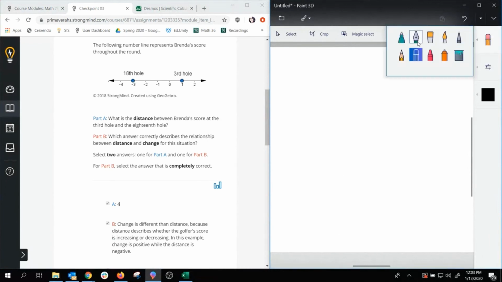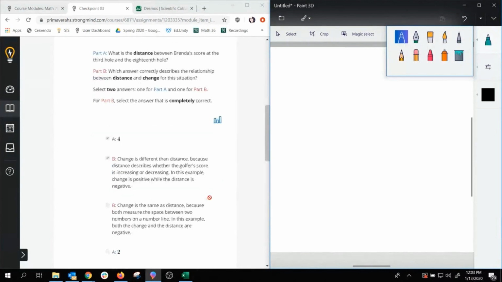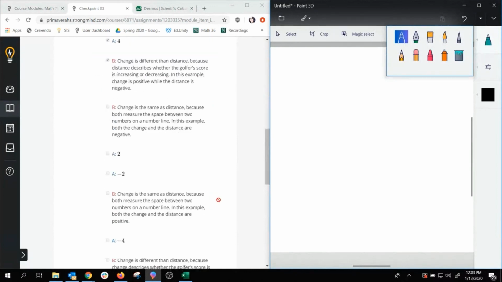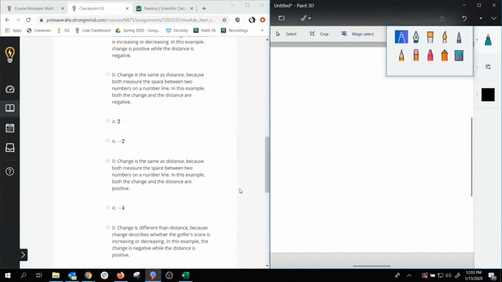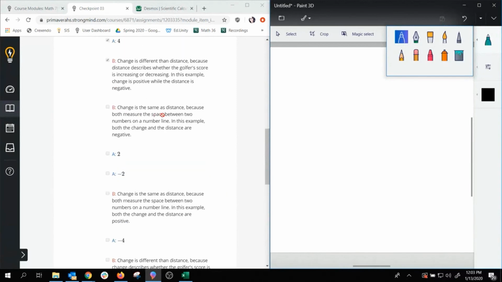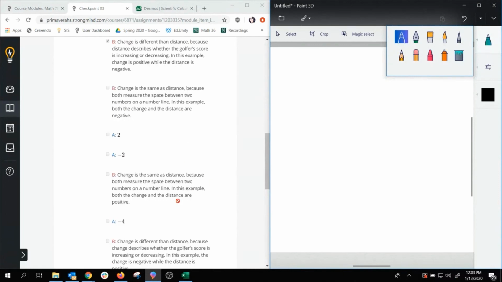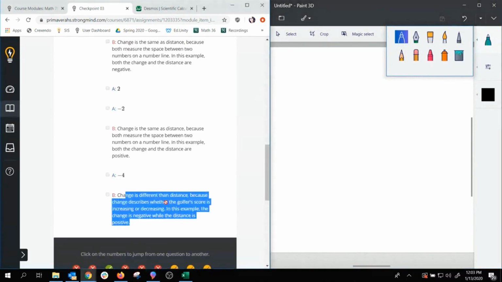It's going down, right? Which means that the change should be negative. So our distance should be positive and our change should be negative. So change is different than distance. So these ones where it says change is the same, it's not always the same. So don't pick those. Change is different than distance because it describes whether the golfer's score is increasing or decreasing. This one.